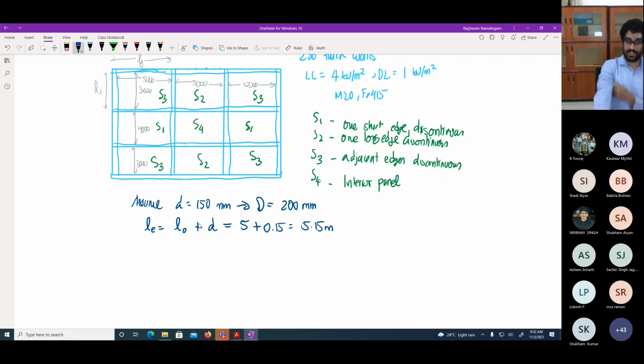Let us check whether, from the deflection criterion, this overall depth is sufficient or not. My effective span is 5.15, so my L by depth ratio is 5150 by 200.